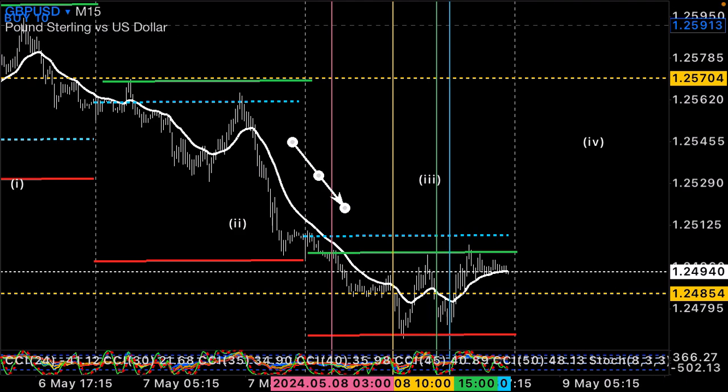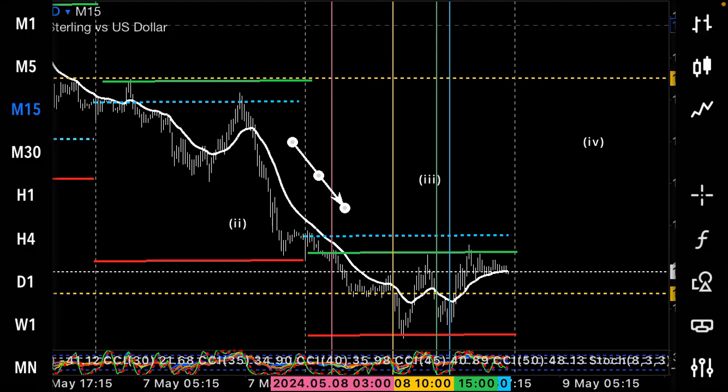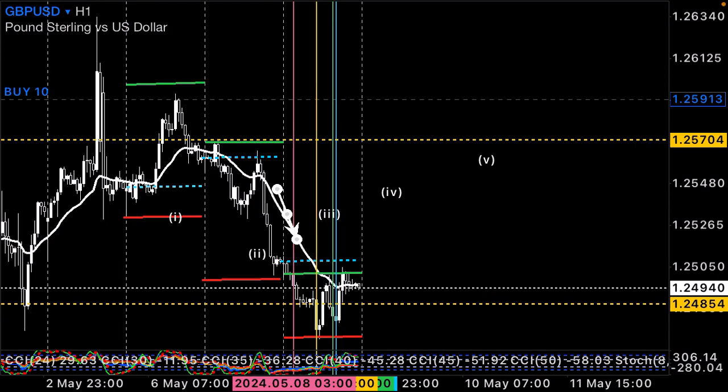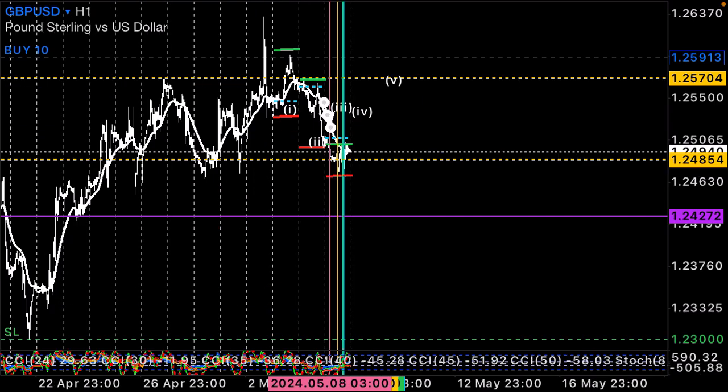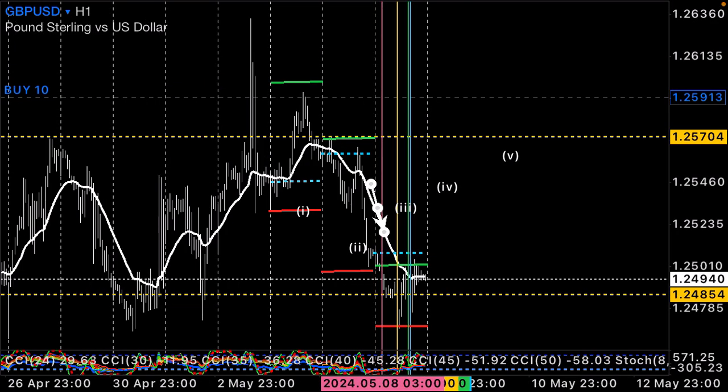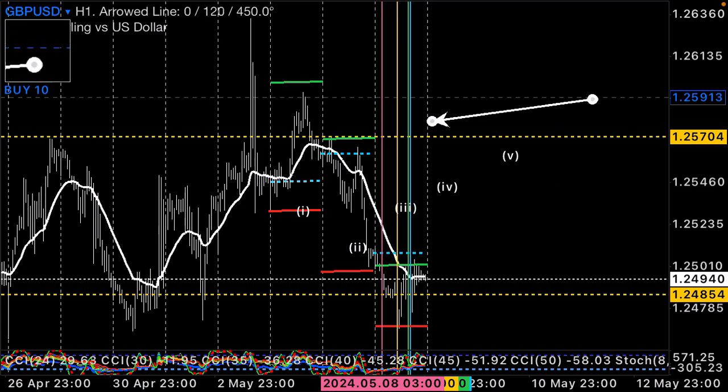let's go to a higher time frame. Okay, so here's the channel on a higher time frame on the hourly. Up here is the hourly. It says H1. It's hourly.